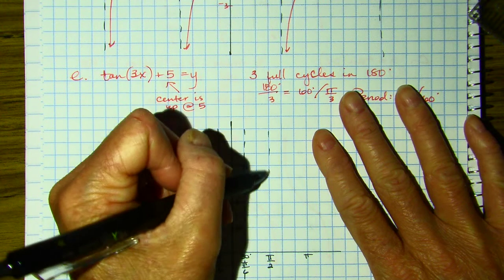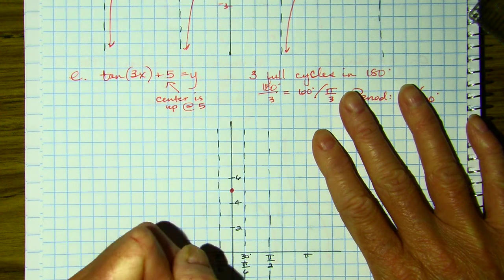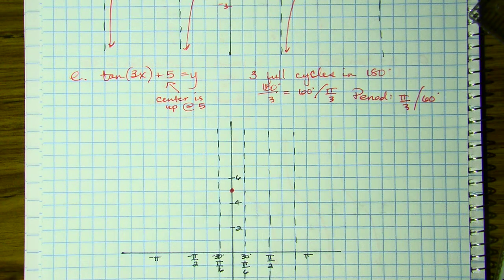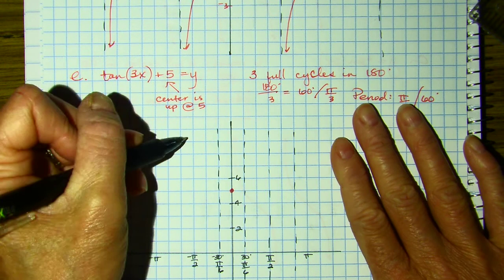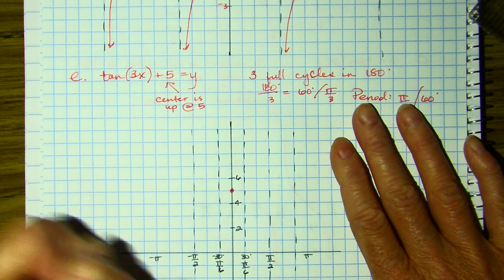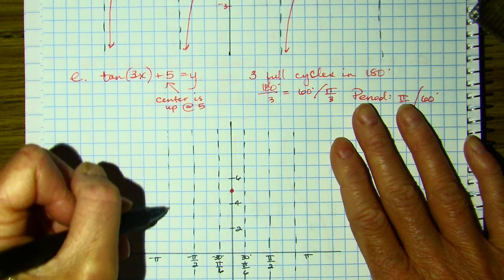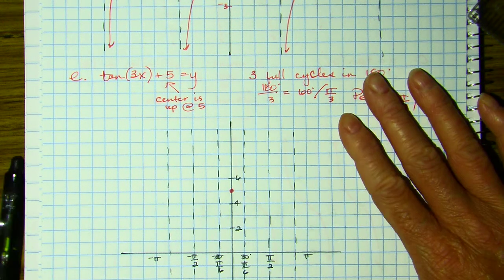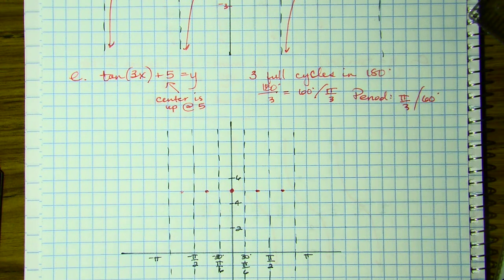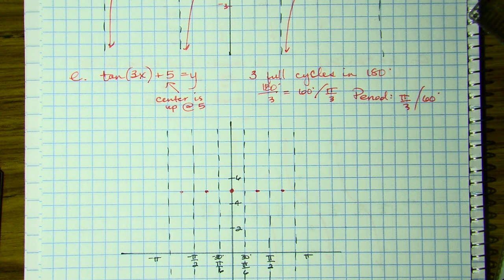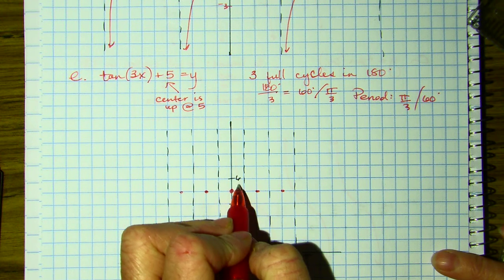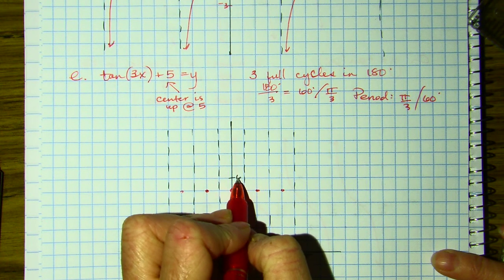I have a full cycle every 60 degrees. And my center is at 5. So on this one, I would go over 15 degrees and up 1.